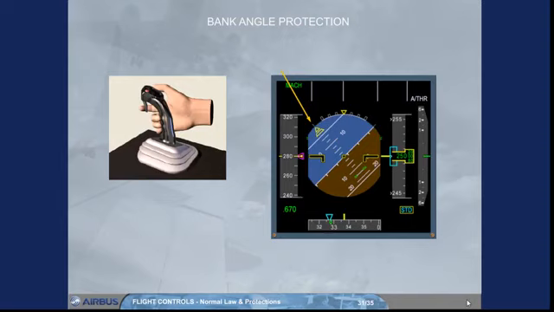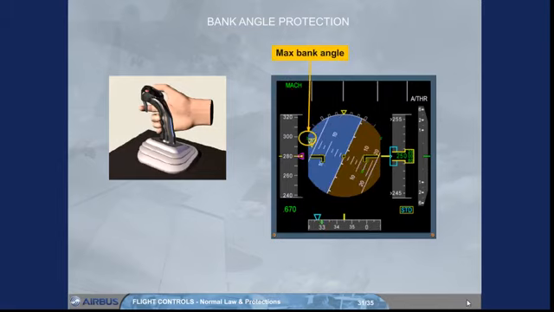Above 35 degrees, on the PFD, the flight director indications are removed. Reaching the green dashes, the bank stops, and no further. Note: if an abnormal bank occurs, with an autopilot engaged, it will disconnect when above 35 degrees.